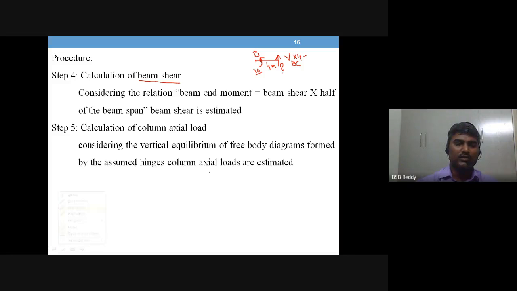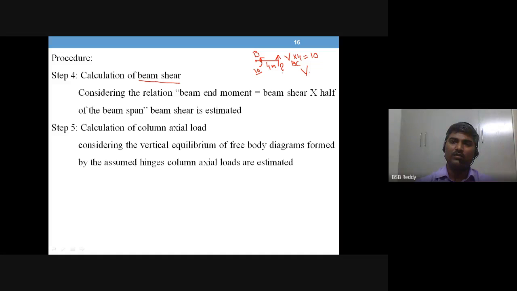It's just the reverse of the earlier calculation. In case of a column, you know the shear and you are calculating the end moment. In case of a beam, it is just reverse. You know the end moment, you are calculating the beam shear.